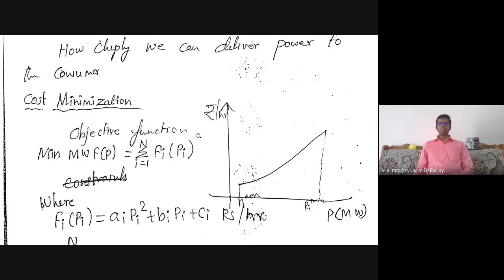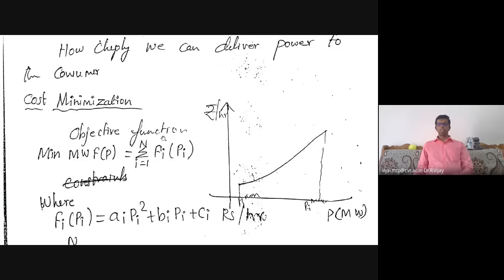As I said, every optimization problem has its own objective function as well as constraints. Here the objective function of economic load dispatch is to minimize the total fuel cost, where i is equal to 1 to n, and n is nothing but the number of generating units that participate in that particular dispatch.